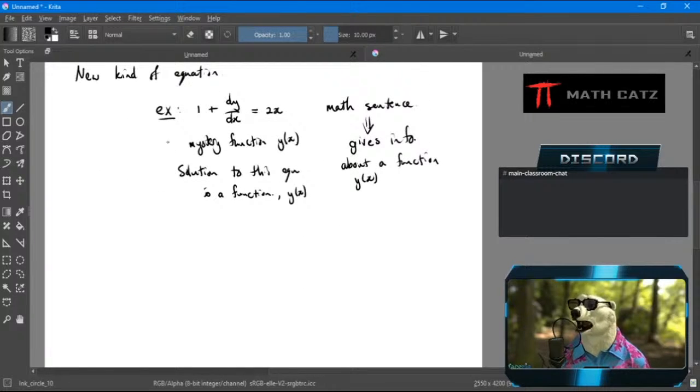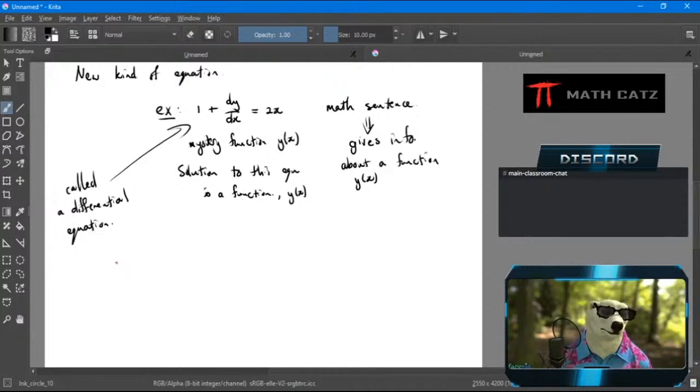So I have a new kind of equation, and we're going to call that appropriately a differential equation. More specifically, an ordinary differential equation, because you do find, if you pursue this topic further, there are other kinds of differential equations, just like there are different kinds of normal variable equations.